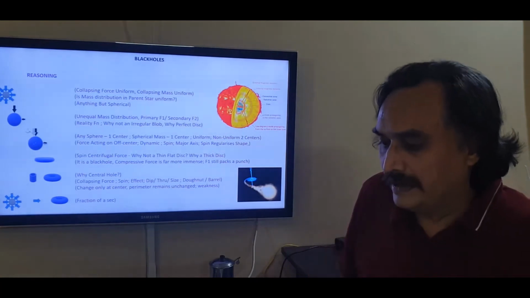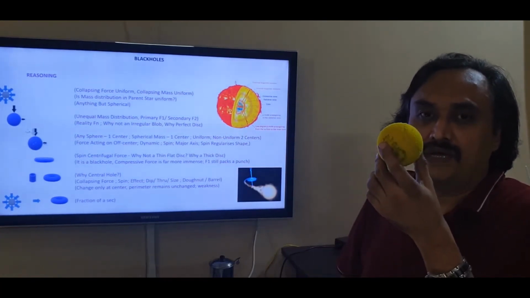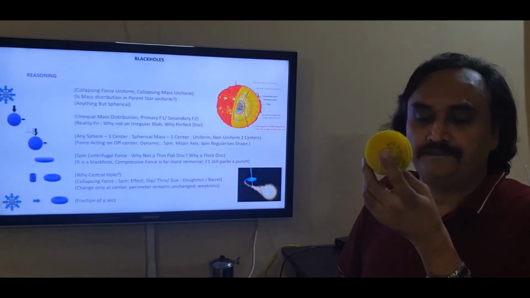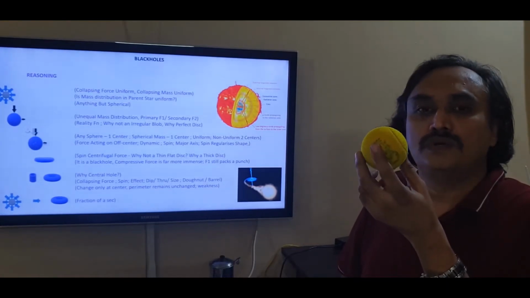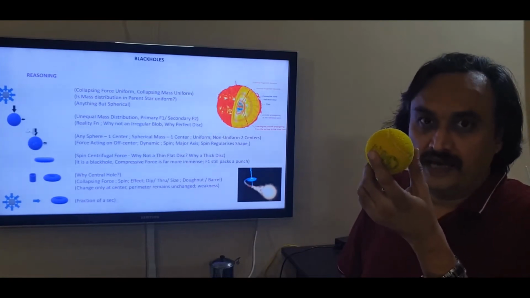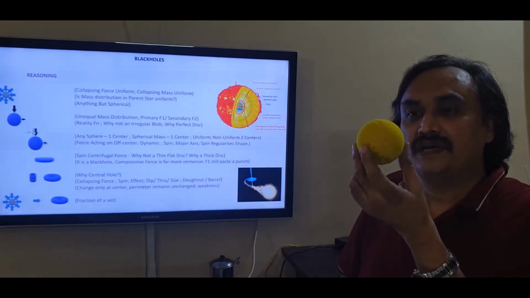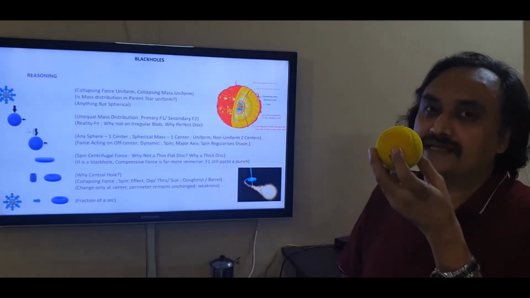So let us assume, to begin with, this is the star, which is perfectly spherical, and you want to collapse it into a smaller sphere, and that also should be spherical. Just the way this is an exact sphere, the end result also should be an exact sphere.